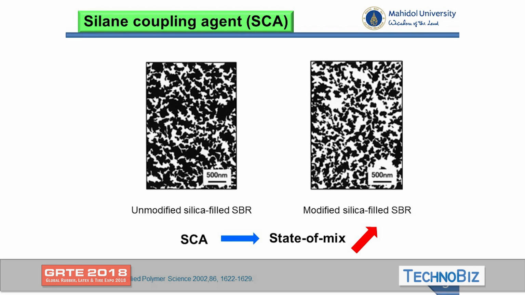As you can see in this slide, by the use of a silane coupling agent, the dispersion of the filler in the rubber matrix can be improved, and it can be said that the state of mix of the compound can be improved.